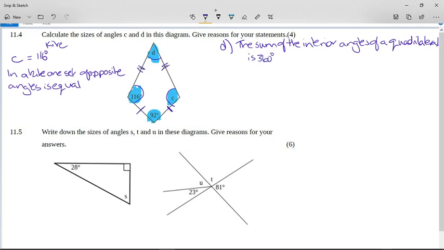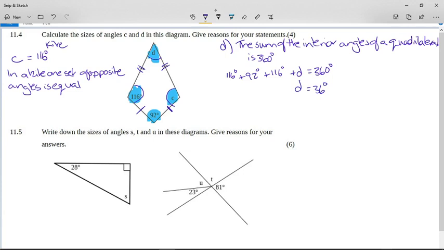So we're going to start over here, 116 plus 92, the next angle, plus, remember C is 116, plus D is going to give you 360 degrees. So with your calculator, you can work this out. What do we get if we put it in our calculator? I should get D equals 36 degrees.